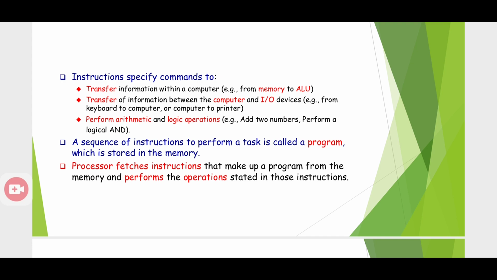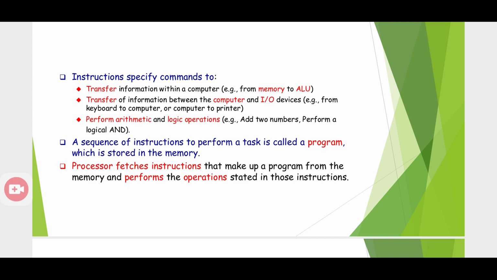A set of instructions is known as a program. So what is a program? A program is a combination of more than one instruction. A sequence of instructions to perform a task is called a program.